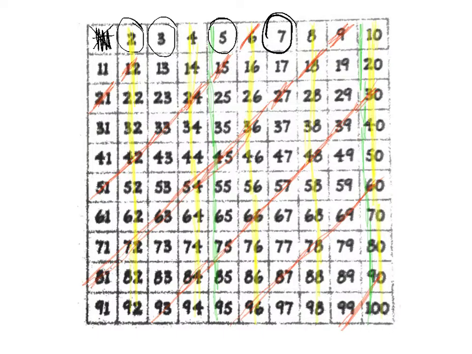So what I'm going to do now is use a blue diagonal in the opposite direction of the red, and I am going to remove all of the multiples of 7.